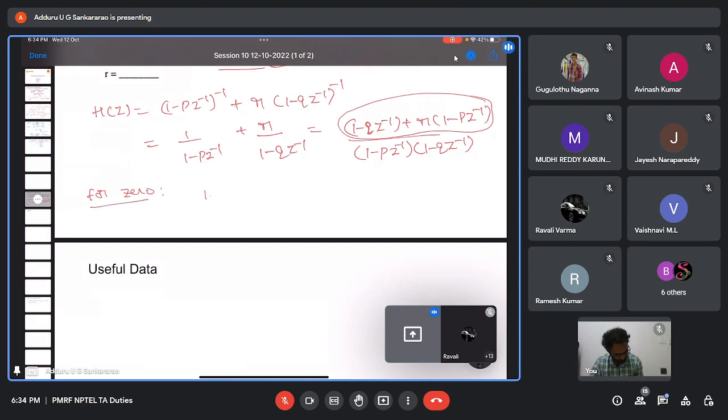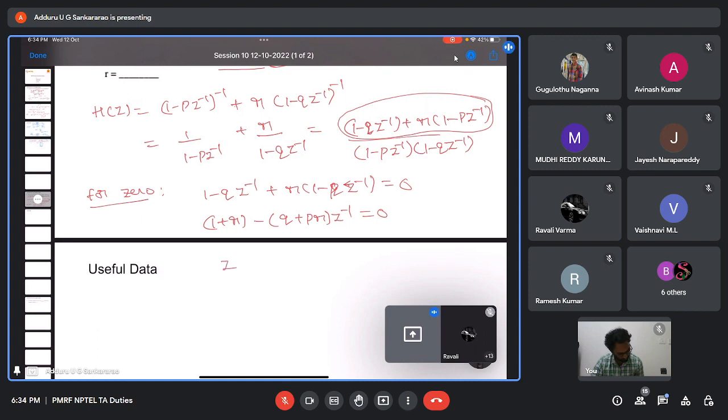you make the numerator equal to 0: Q z inverse plus R into 1 minus, sorry, P z inverse equal to 0. So this is 1 plus R minus Q plus PR into Z inverse equal to 0.